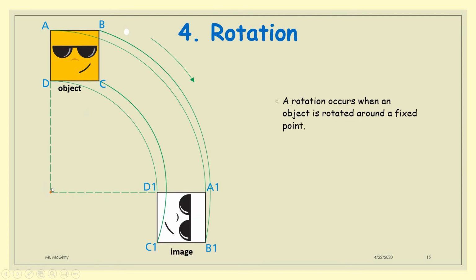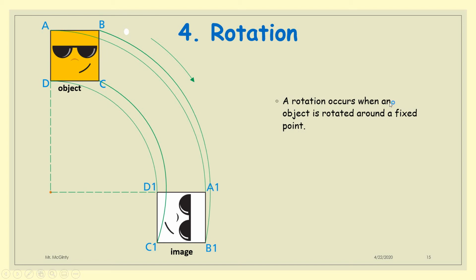So you'll be given a set distance. In this case it's nice and easy, 90 degrees. So you're putting your compass at the point, from A you're drawing a line down, it's going to be 90 degrees. So then A to A1 is that distance, B to B1 is 90 degrees, C to C1 90 degrees, and D to D1 90 degrees as well.